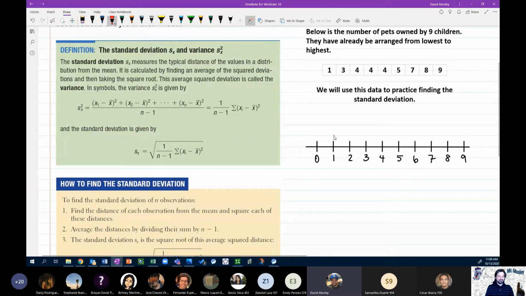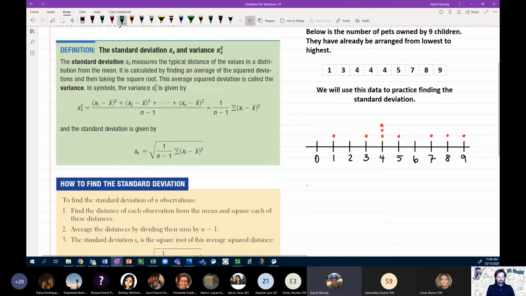We got 1 dot at 1, 1 dot at 3, 3 dots at 4, 1 dot at 5, none at 6, 1 at 7, 8, and 9. All right, here's our dot plot. Not a very interesting dot plot. We only have one value that has more than 1 dot, but now we know kind of what things look like. So now we need to find the mean.